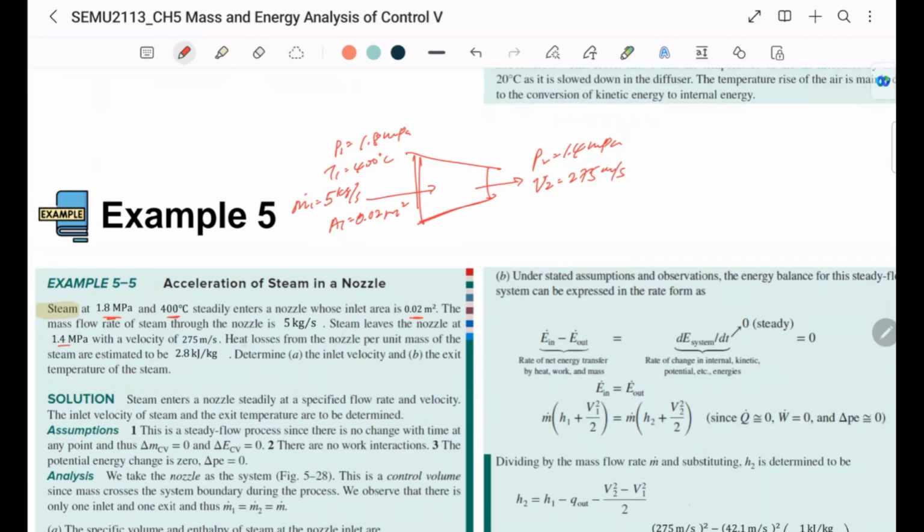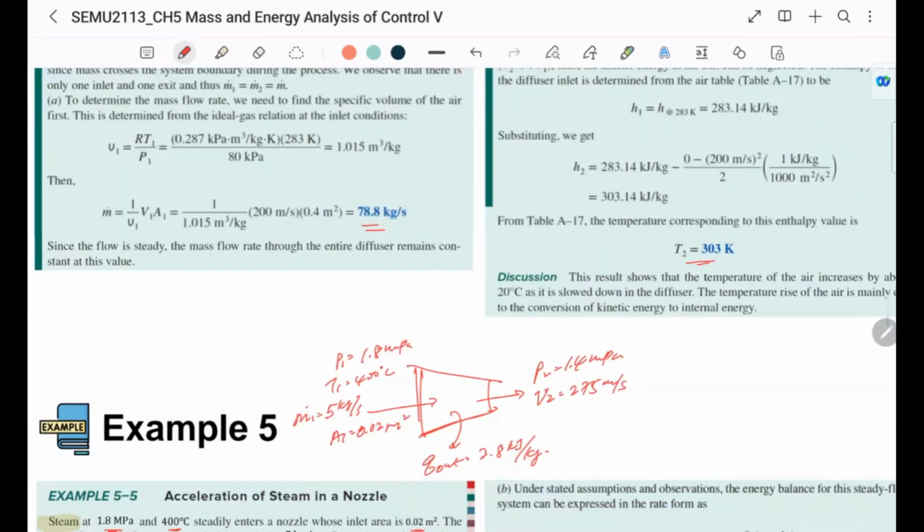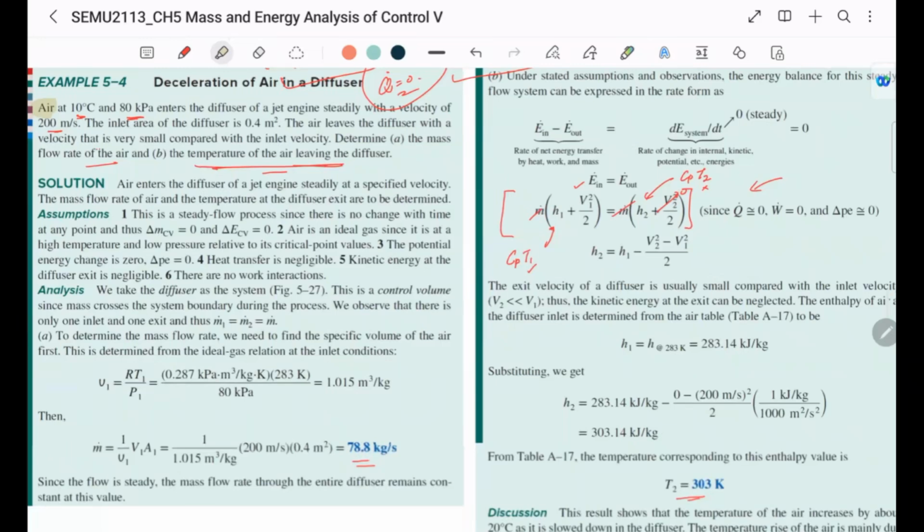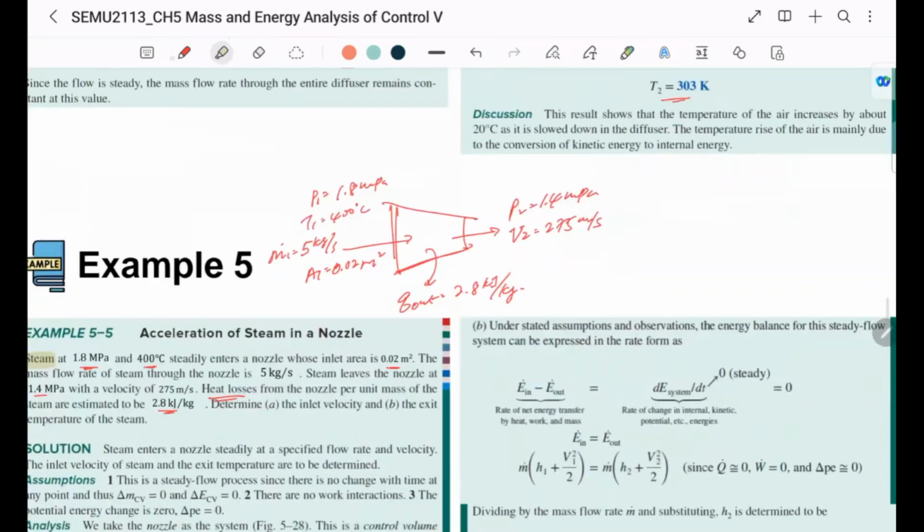Here there's a heat loss from the nozzle per unit mass of this much, so there is a Q out, which is 2.8 kilojoule per kg. The one earlier is adiabatic, because Q is 0, which basically means it is insulated. But here, not for this nozzle. There's a heat loss, basically.